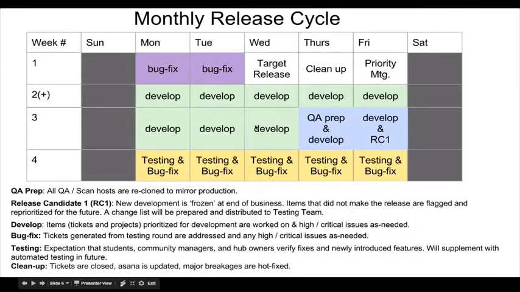Last Friday, we put out release candidate number 1. We put that out on our QA hubs to be tested by the hub team and those that have third party external contributions, to test their stuff alongside our core changes.